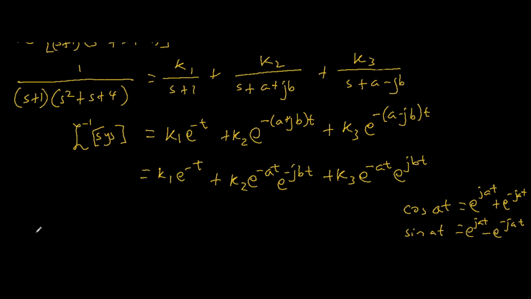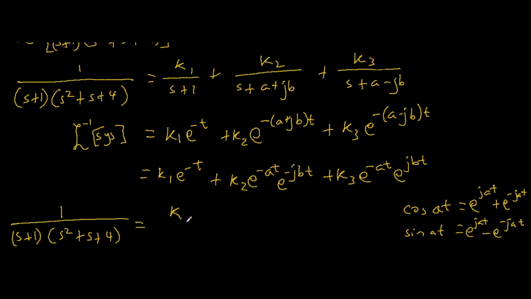So let me come back here, and instead we have 1 over s plus 1, just rewriting the expression we had earlier on, s squared plus s plus 4. Now we want to decompose this into partial fractions. We will not decompose it like we did above.